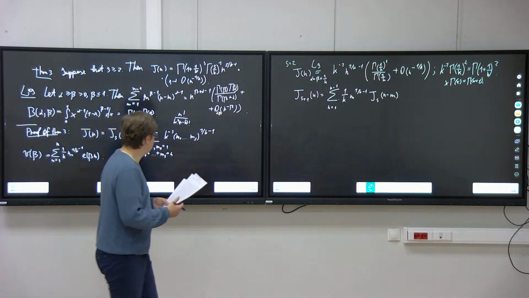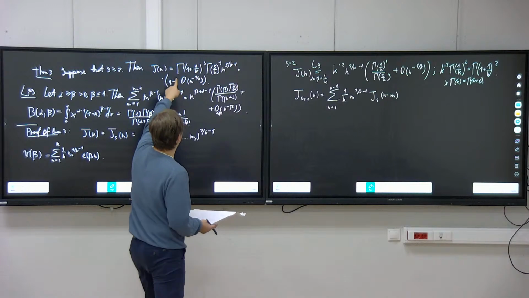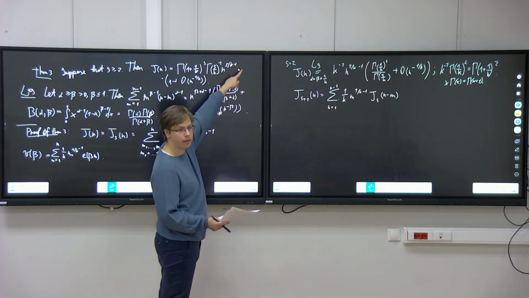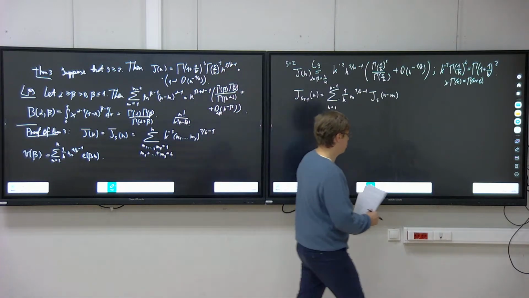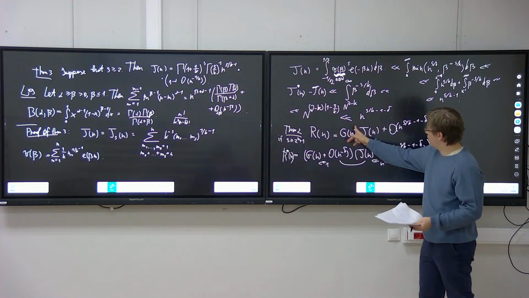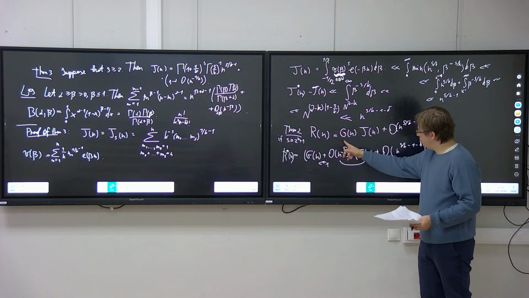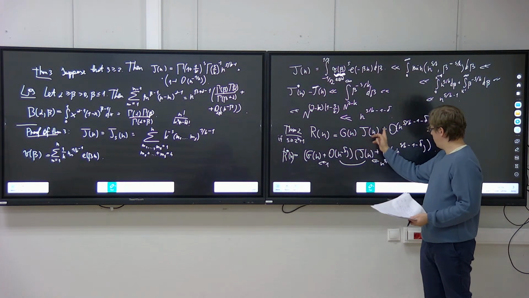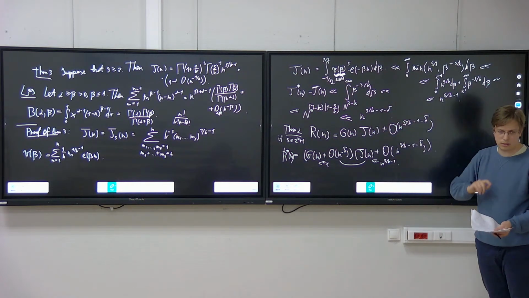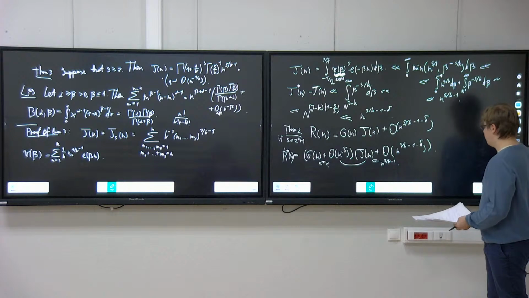Now let us discuss. So we computed our sum, and we see that J of n is a constant multiplied by n to the power s over k minus 1, and that's what we wanted, yes? Let's look at the expression once more. g of n will be some constant, we estimate it from below and above, and g of n grows like n to the power s over k minus 1, so some constant also pops up.